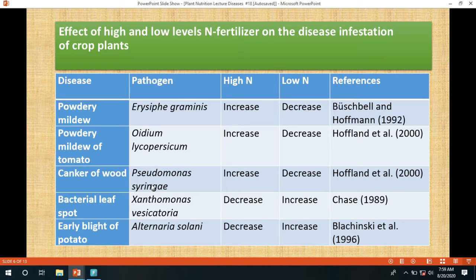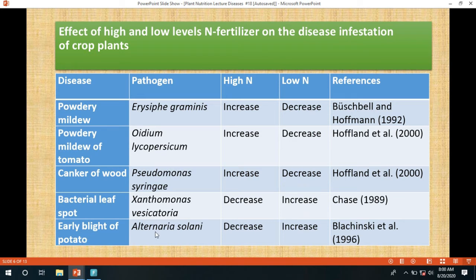Canker of wood, Pseudomonas syringae, similarly increases with the increase of nitrogen level and decreases with the decrease of nitrogen level. Bacterial leaf spot, Xanthomonas vesicatoria, is the reverse: a high level of nitrogen decreases the disease infestation, and a low level increases it.